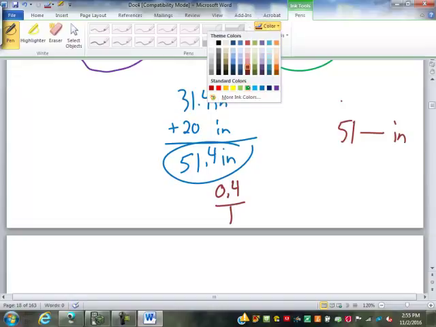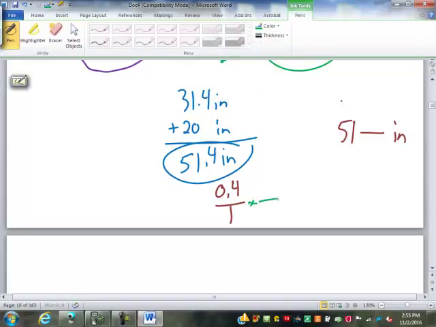What do I have to do to it? I have a denominator of 1. I want my denominator to be 8, so I'm going to multiply by 8. I have to do the same on top. 0.4 times 8 is 3.2. That's saying we're between 3/8 and 4/8. Which one are we closer to?